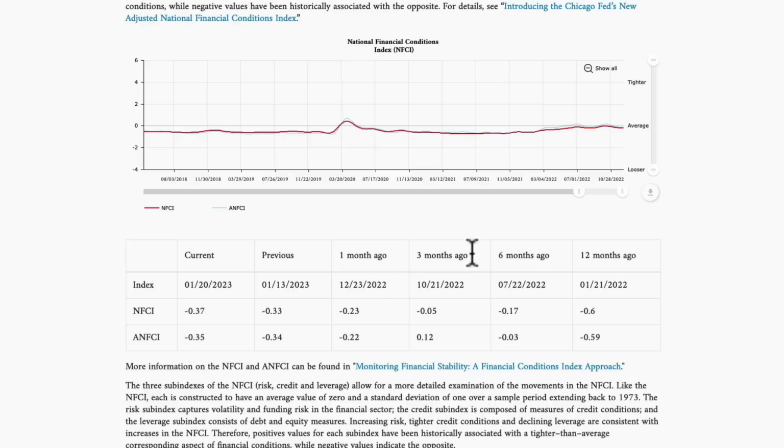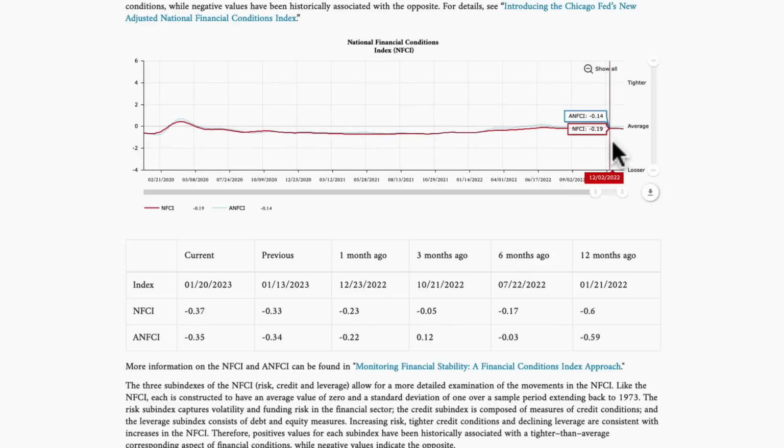And what is interesting here is if we just zoom in, this is the index here. So if we move it to the very end, there it is. Negative 0.37 on NCFI, and the adjusted is negative 0.35. So let's move backwards until we find another negative 0.37 and see where that gets us.